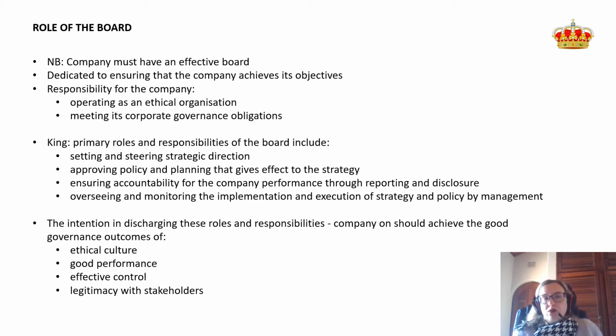Let's look at the role of a board. So, a board, in order to be effective, must have certain components that it recognizes. It must be dedicated to ensuring that the company achieves its strategic objectives, and in doing so, that it is ethical and that it meets corporate governance obligations.